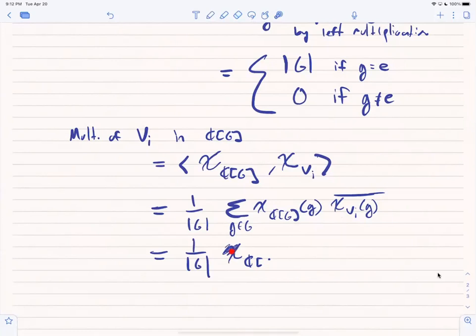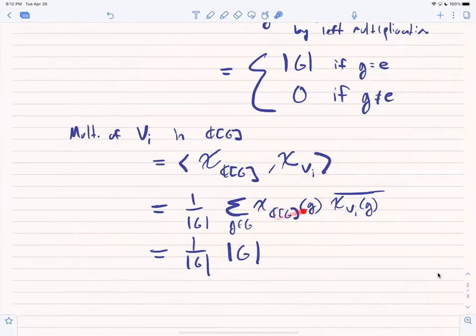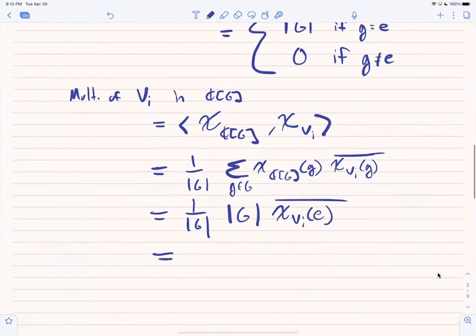When we get that identity element in the sum, we get just the size of G from the first term, and then the other term gives chi VI of the identity element. The 1 over |G| factors cancel.